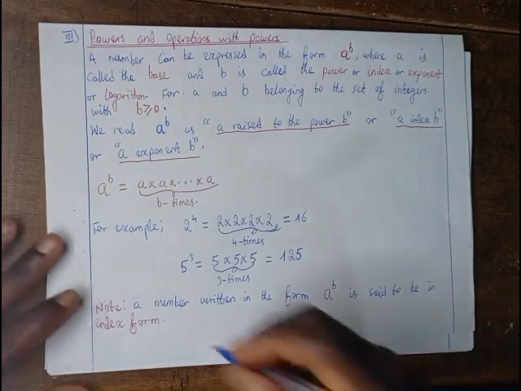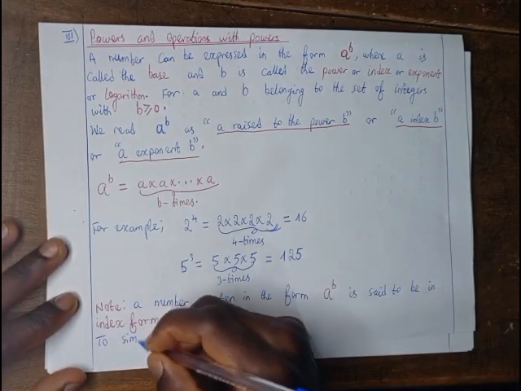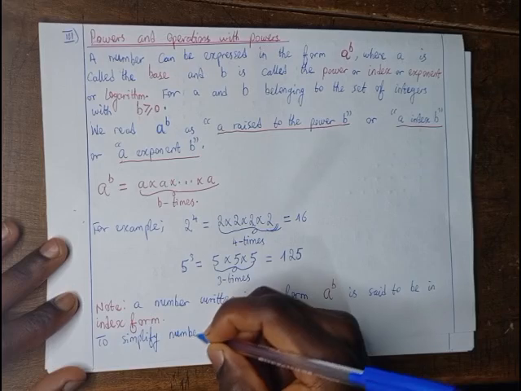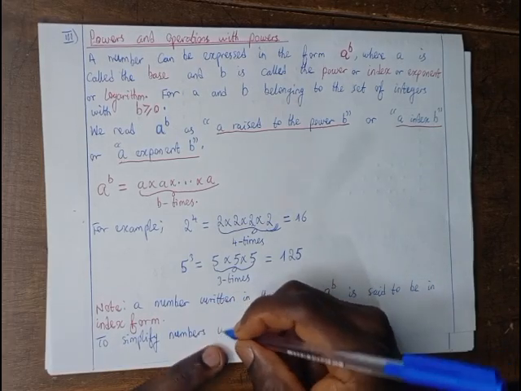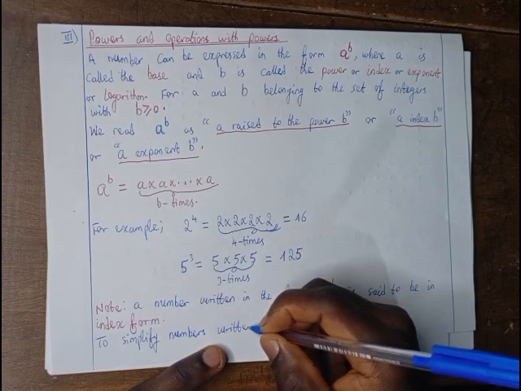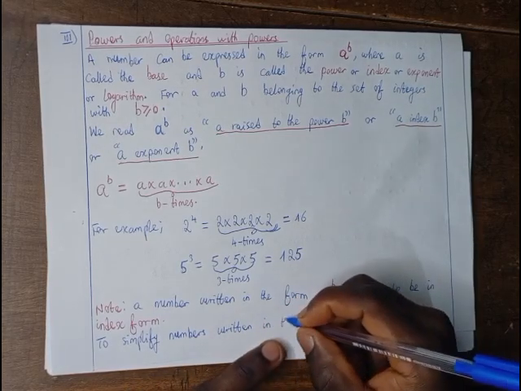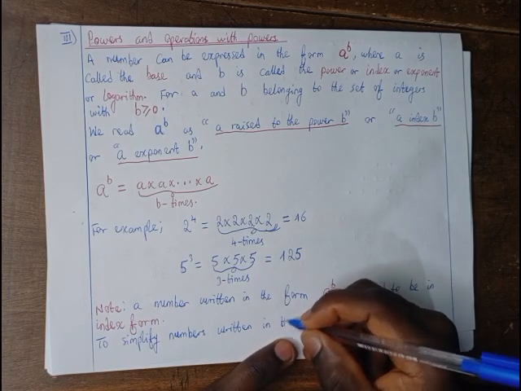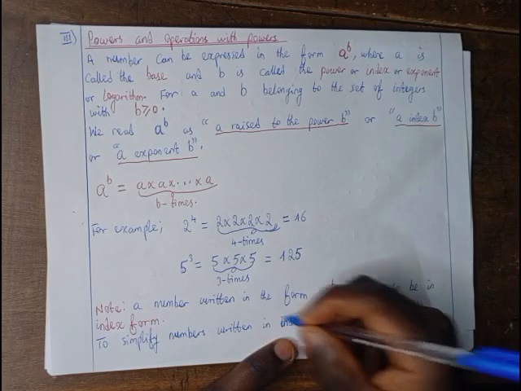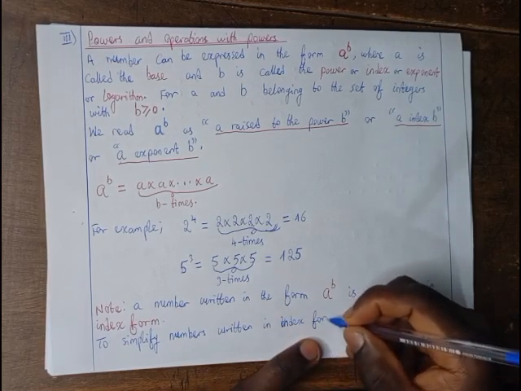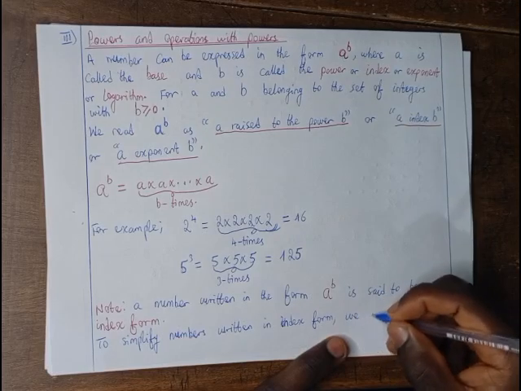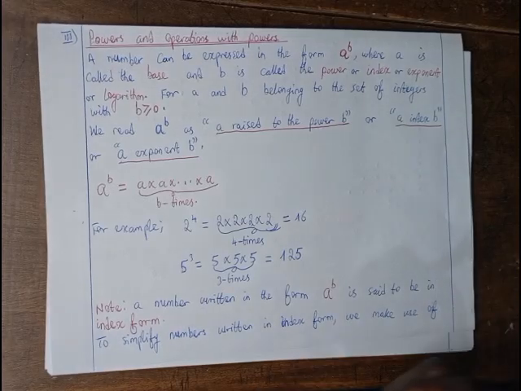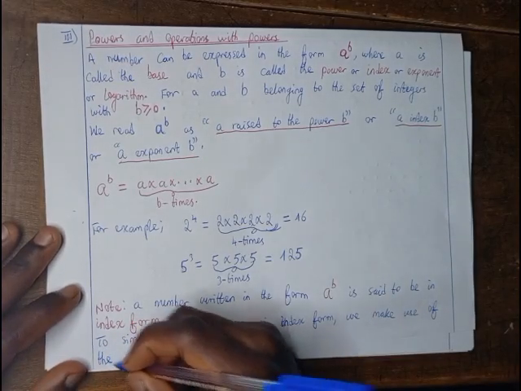Let's write this down. To simplify numbers written in index form, we make use of the rules below.